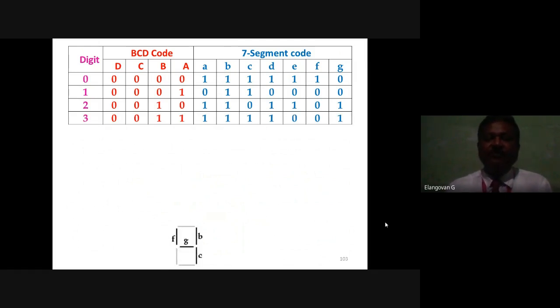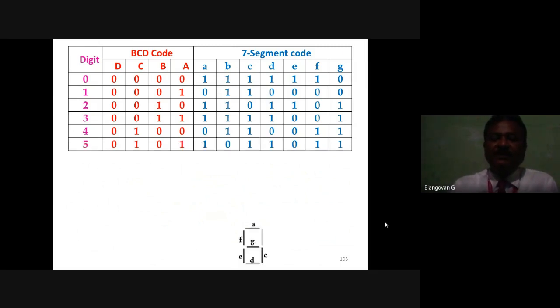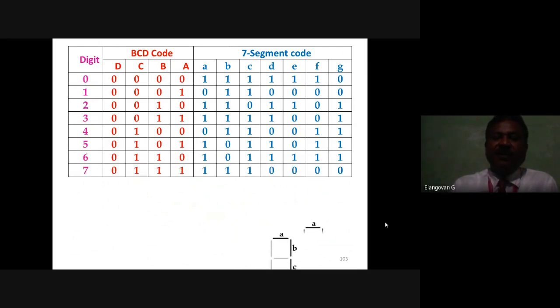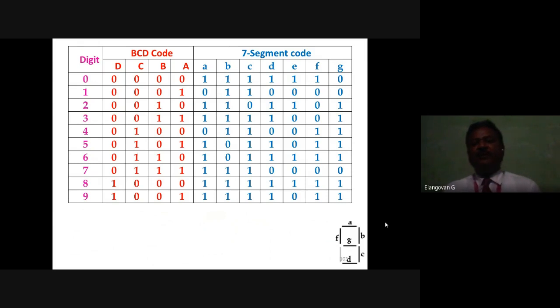For 4, we need to turn off A, D, E. Similarly for 5, and for 6 except B, and for 7, for 8, all the segments are turned on, and for 9, except E. The remaining 6 combinations never occur in BCD, so all of those will be treated as don't care.